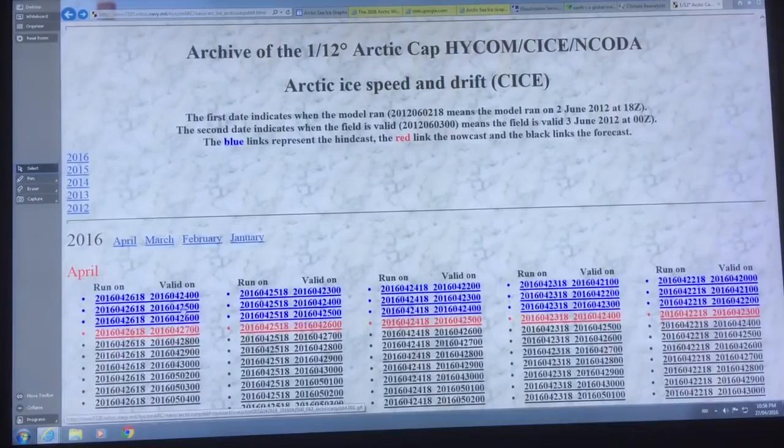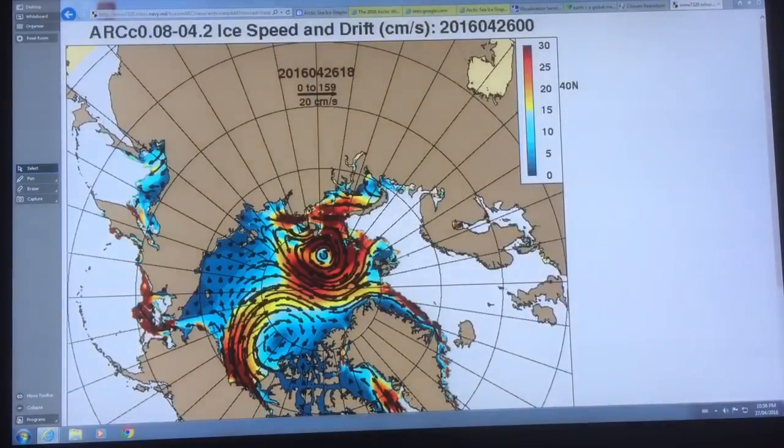Look at this: a low pressure area. We get this rotation here, and export of the sea ice. We get the circulation here in the Beaufort Gyre, and it's pulling the ice away from the edge there.